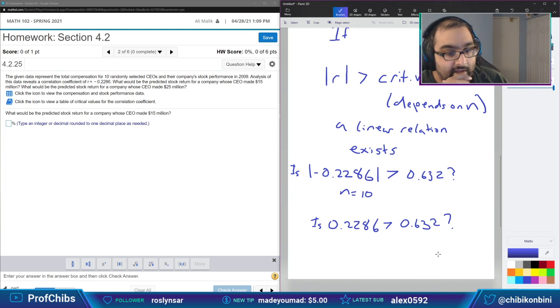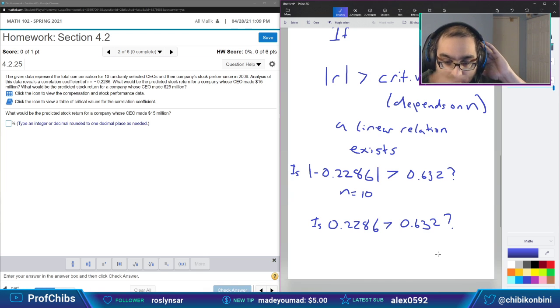Let's rephrase that. So what you're saying is that 0.22 is bigger than 0.632? Is that true? No, it's not, right? So read that carefully.